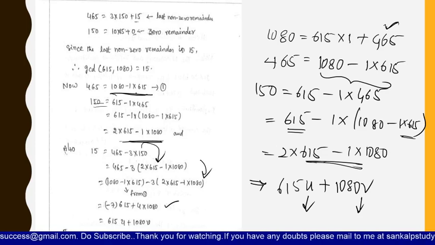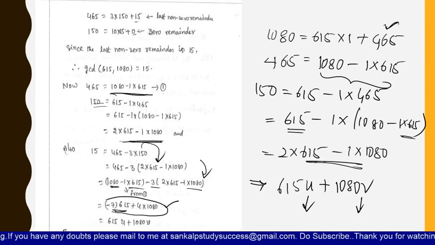So just substitute this value in place of 465 and now take 1080 common: 1080 and 3 times 1080, that means 4. You got 3 plus 1 is 4, right? 4 into 1080. Now how many 615 terms are there? There is one 615 term and 3 twos are 6. 6 plus 1, 7 615 terms are there here. So you got it in this format, right?